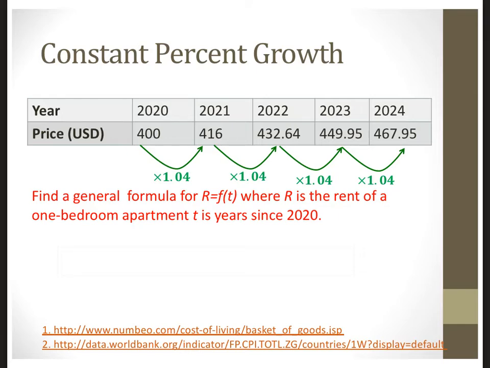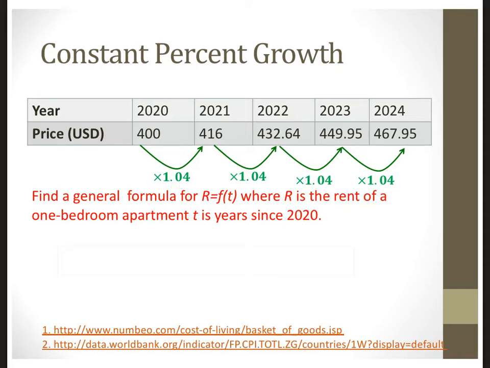So if I wanted to calculate, say, what's my rent in 2030, I don't have to calculate my rent in 2021 and then 2022 and 2023. Each year that goes by, we're multiplying by another factor.